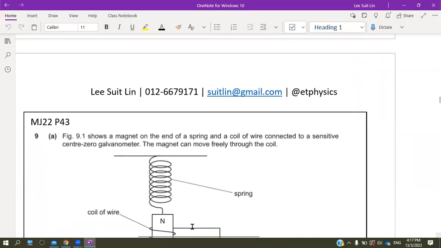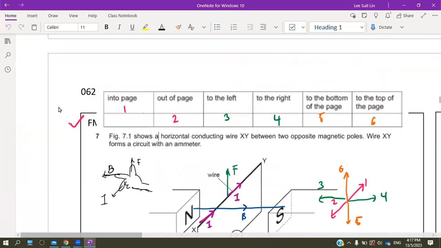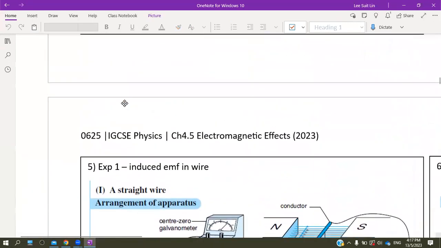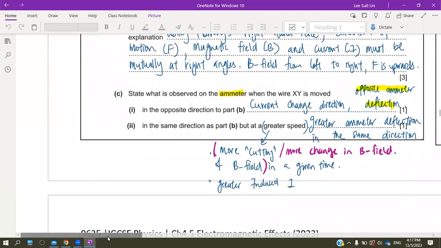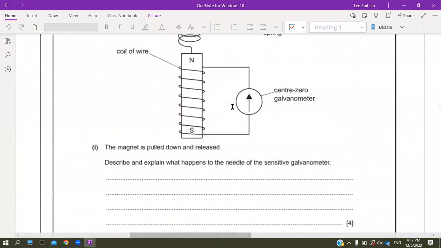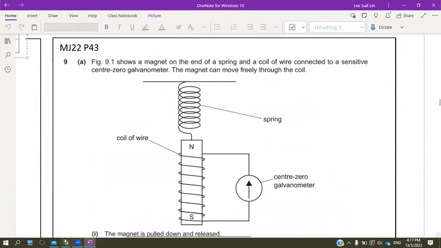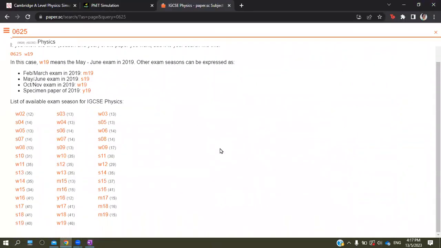Then the notes here, I got 0625. Okay? You key in your syllabus code. If not, then you just search physics lah. Don't choose the A-level one. Okay, physics. So this one, they have answers until 2019. The reason why there's no 2020 and after that is because the student who did this website graduated already, so he went and did other things.